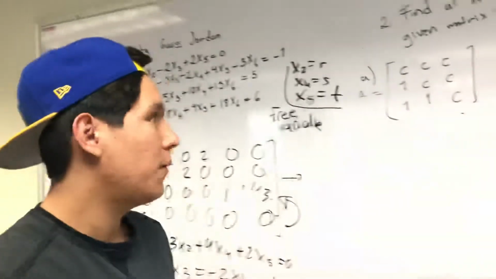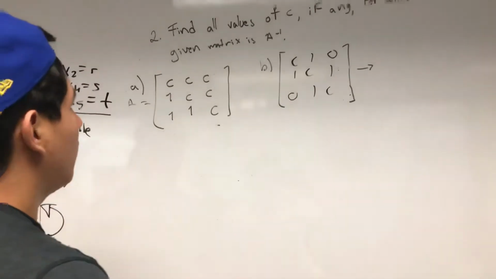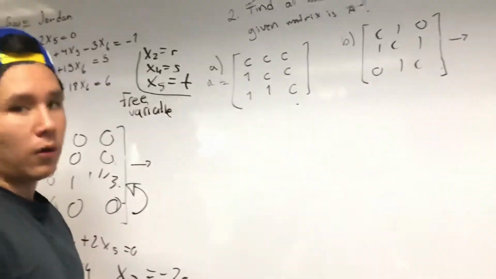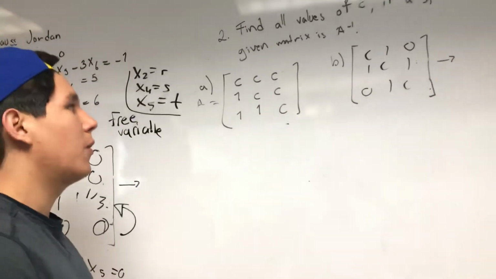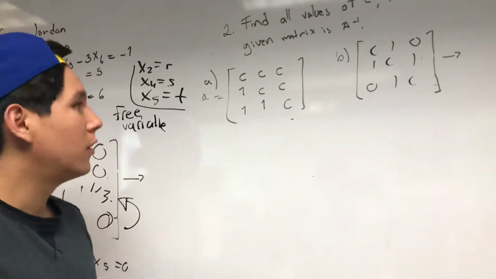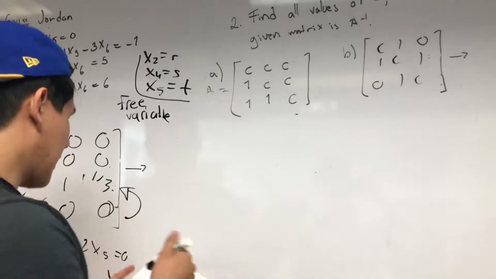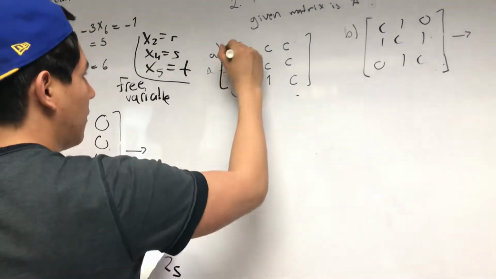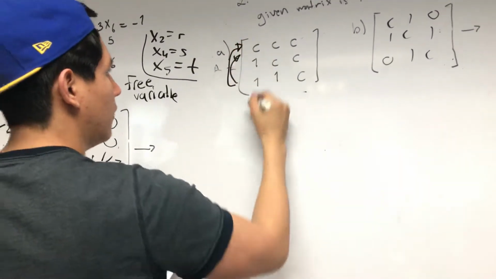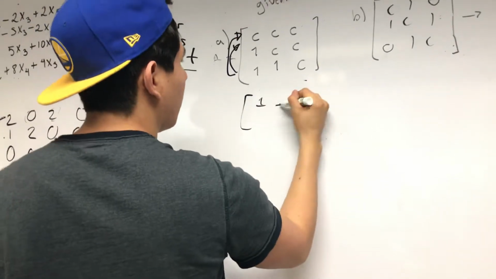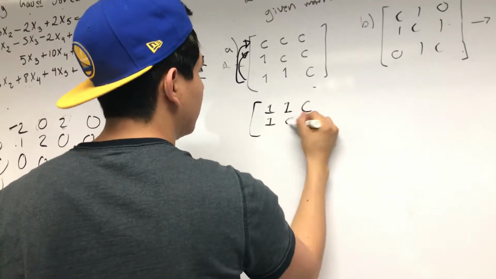So now we jump into these other problems. The first thing we have to do is find which numbers make this matrix invertible. First we change our rows; in this case it will be 1, 1, 1, c, 1, c, c.